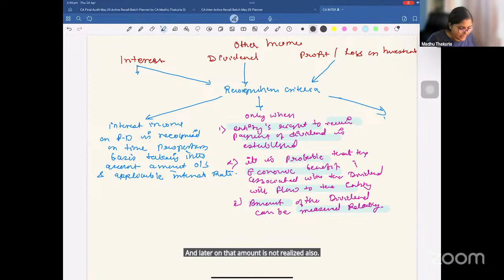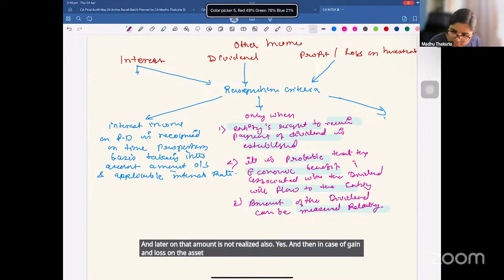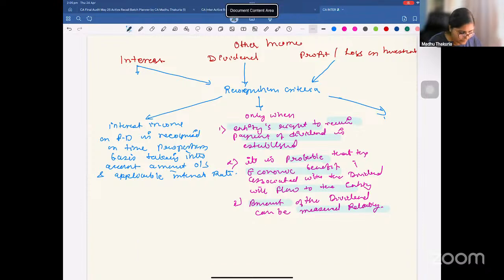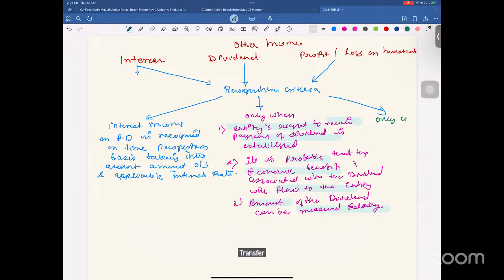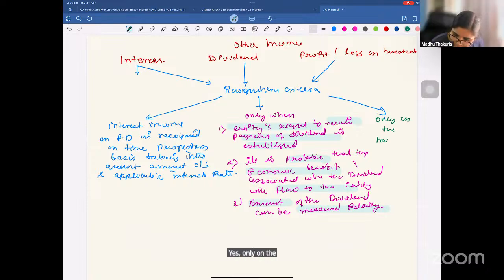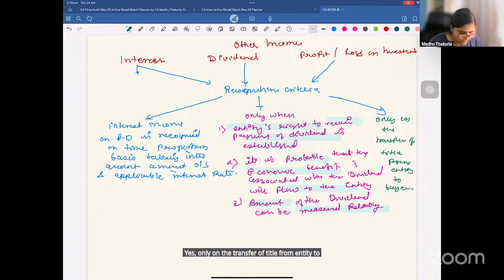And then in the case of gain and loss on an asset, recognition is only on transfer of title from the entity to whoever is the buyer.